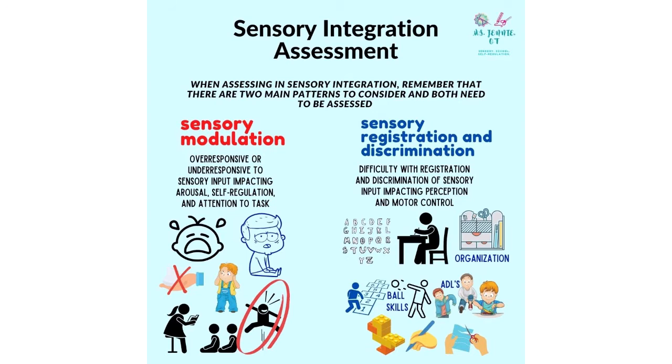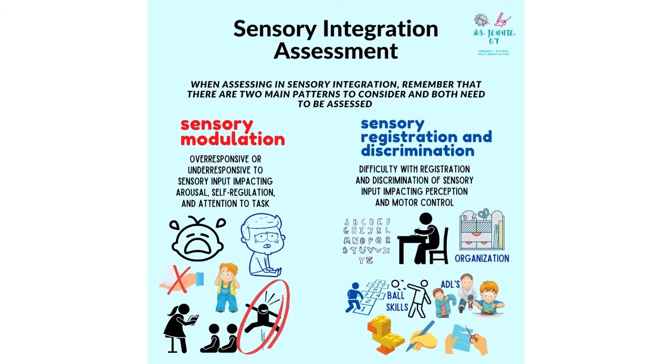So the first thing I really wanted to emphasize is that when you do a sensory integration assessment, you really need to remember that there are two main patterns to consider, and you need to really assess both areas to determine what the pattern of dysfunction is within sensory integration.